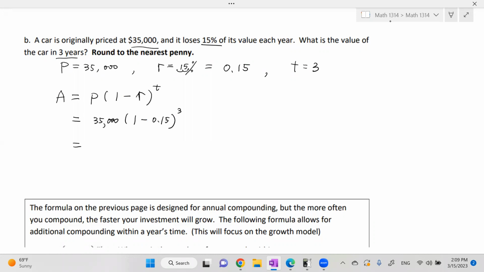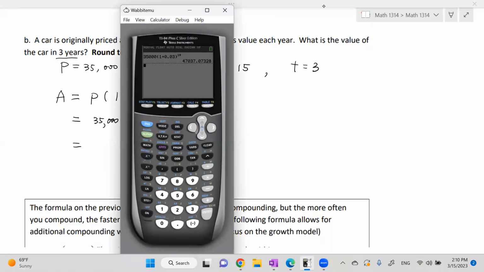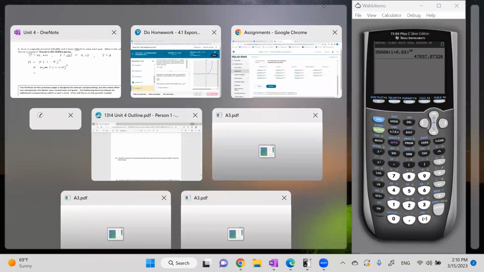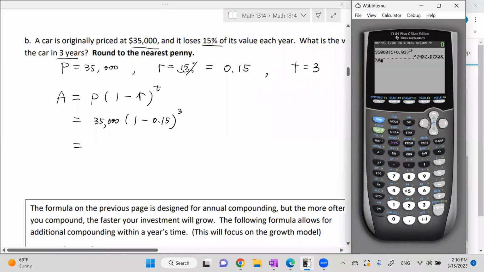Let's use the calculator. Let's put 35,000 multiplied by 1 minus 0.15. Close the parentheses, click the caret sign, or the exponential sign, and put 3.